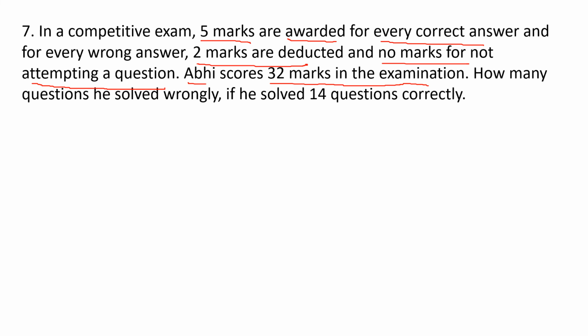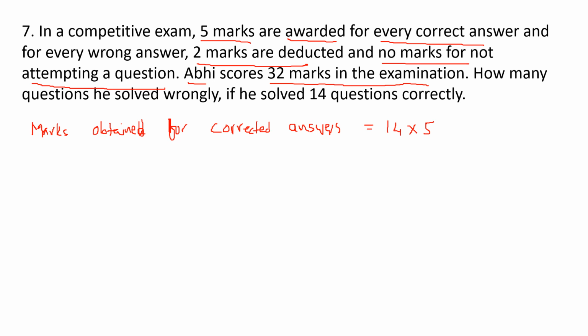So positive marks. Let us calculate how many marks he has got for correct answers. So 14 questions he did correctly. So marks obtained for correct answers will be 14 multiplied by 5, because for each question he's getting 5 marks, right?